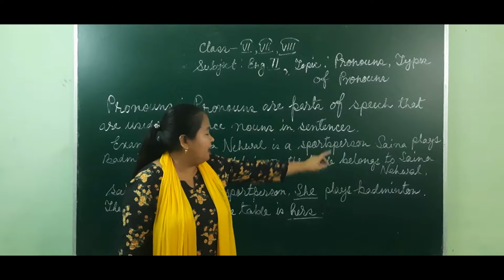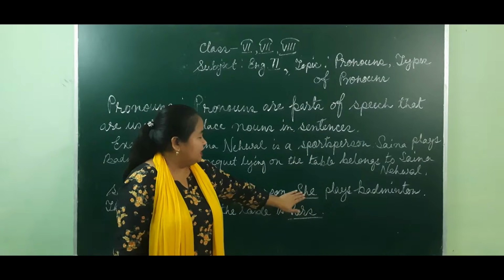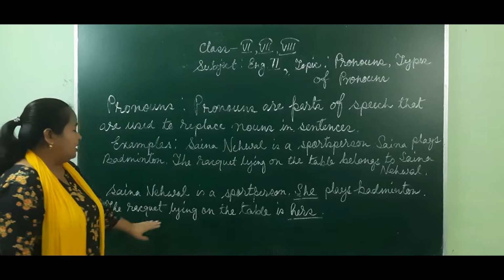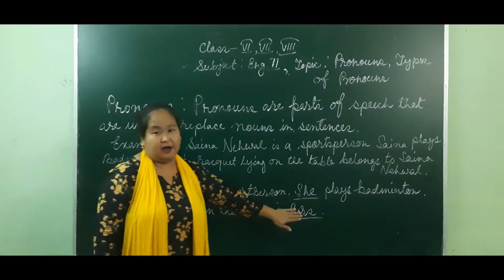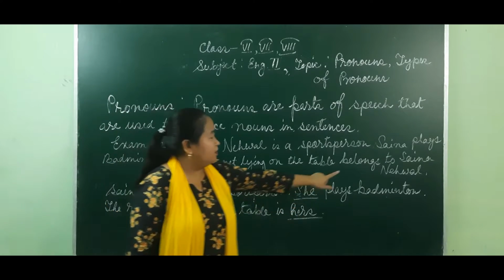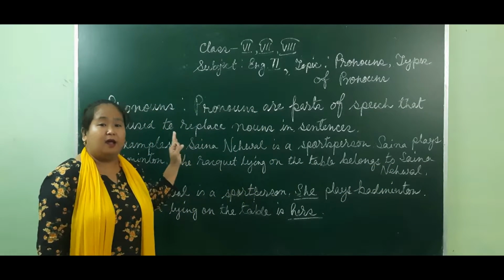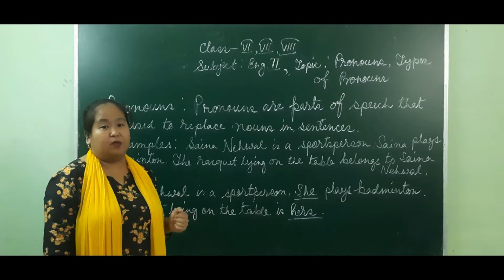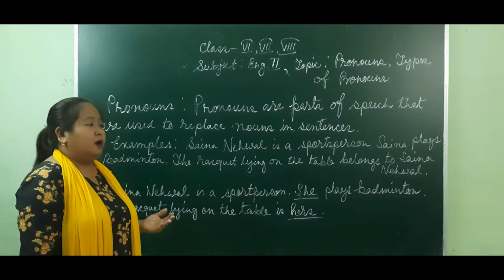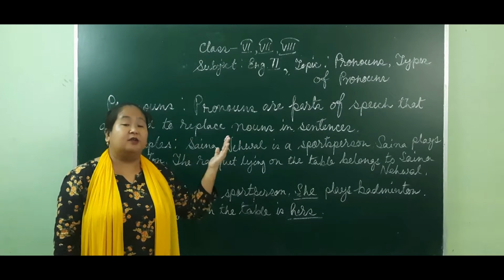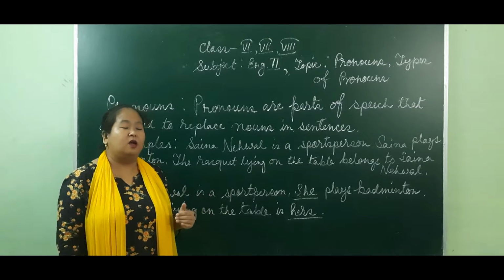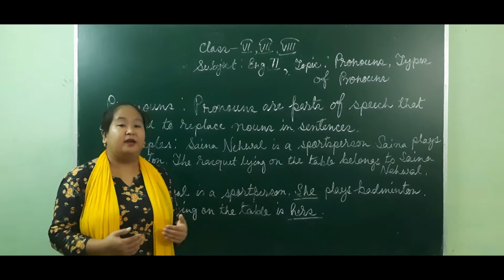In place of the noun Saina, we replace she. She plays badminton. The racket lying on the table is hers. Again, hers is replaced in place of Saina Nehwal. So, pronouns are words that we use in place of a noun. We use pronouns to avoid the repetition of the noun and also to make the sentence simpler and shorter.